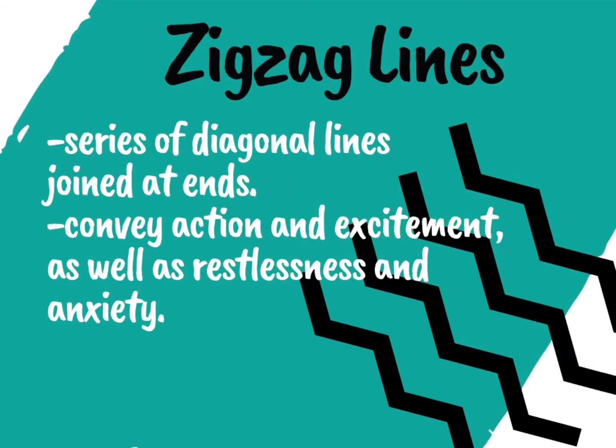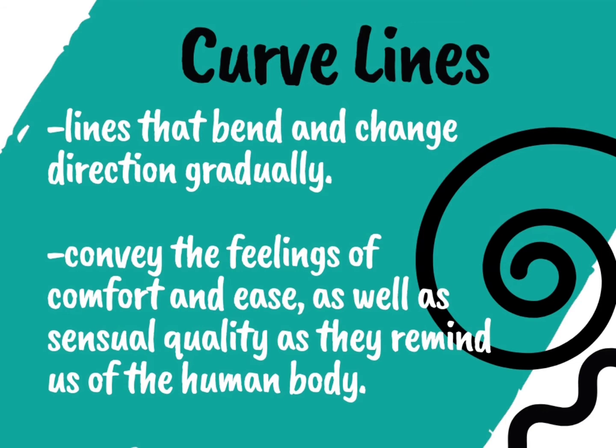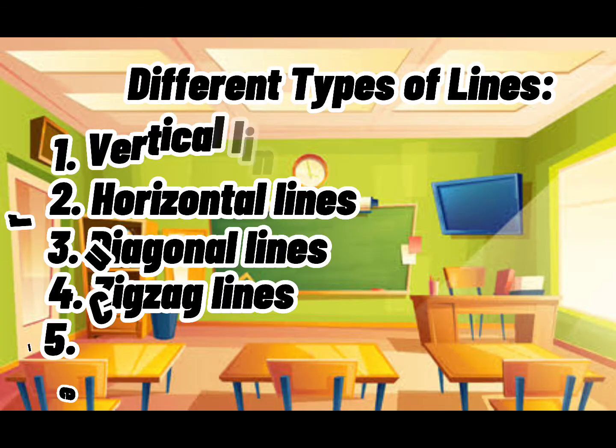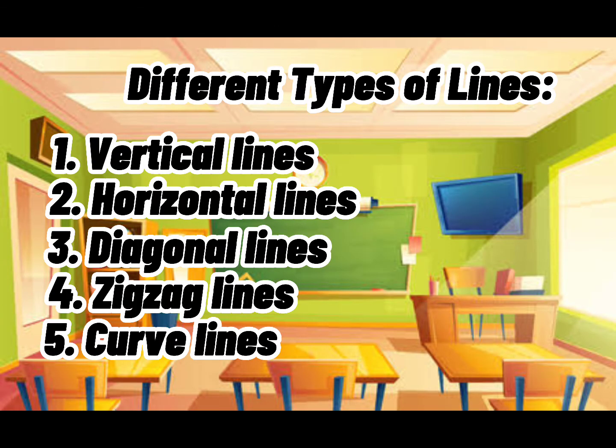Next are zigzag lines. So these are series of diagonal lines that join at the ends. When we feel excited, we move like these zigzag lines, right? Another type of lines are curved lines, and these lines are bending and changing direction gradually. The feelings connected to this type of line are comfort and ease. There you go. So these are the different types of lines.